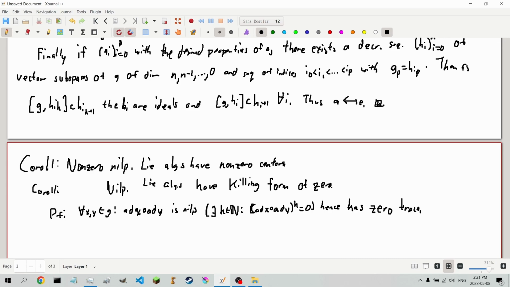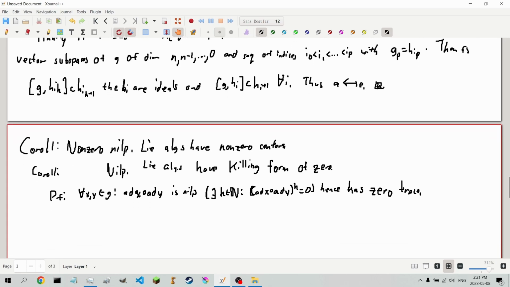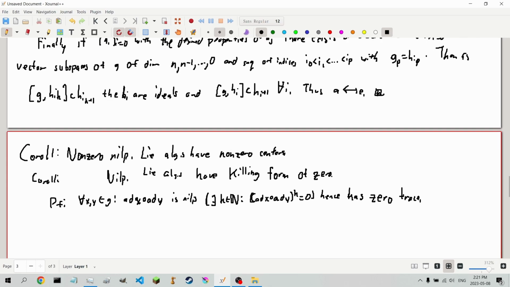Like, for example, the trace is the sum of the eigenvalues, I believe. Maybe. Don't trust what I just say off the cuff too closely.